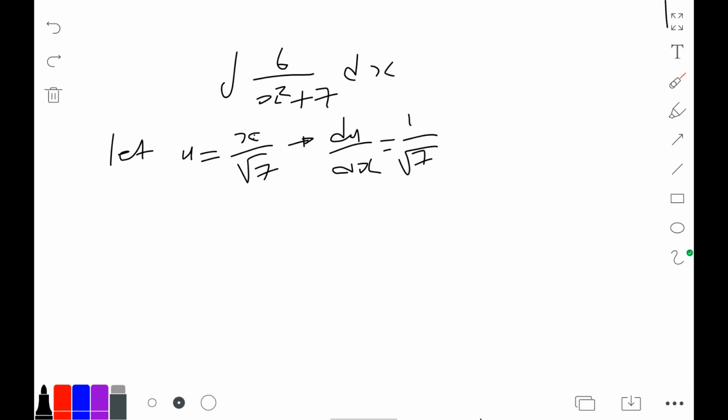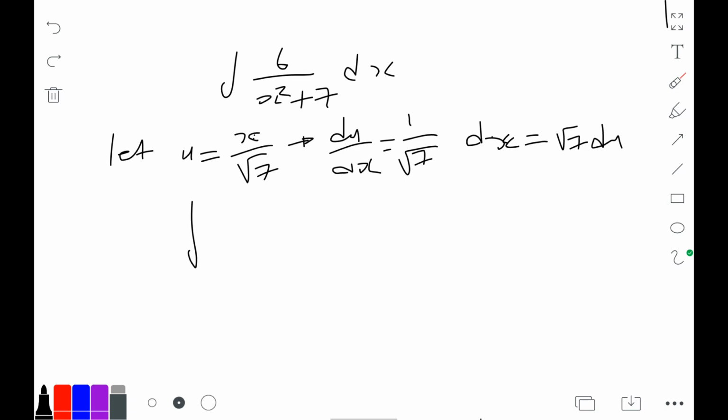And then after that, you can swap them and multiply by dx. Therefore, your dx is going to be equal to square root of 7 du. So now we can substitute back into the equation.